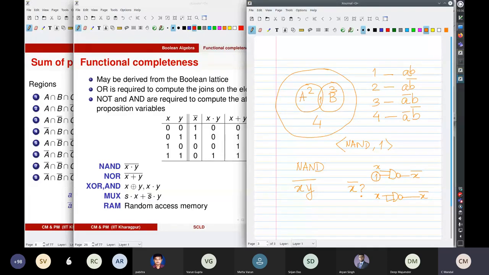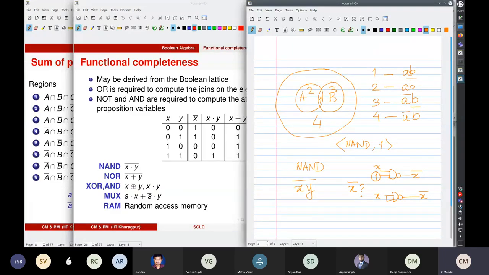But as you can see, you are able to compute X bar without the 1. You are computing X bar just with X. So that suggests that NAND by itself is enough.